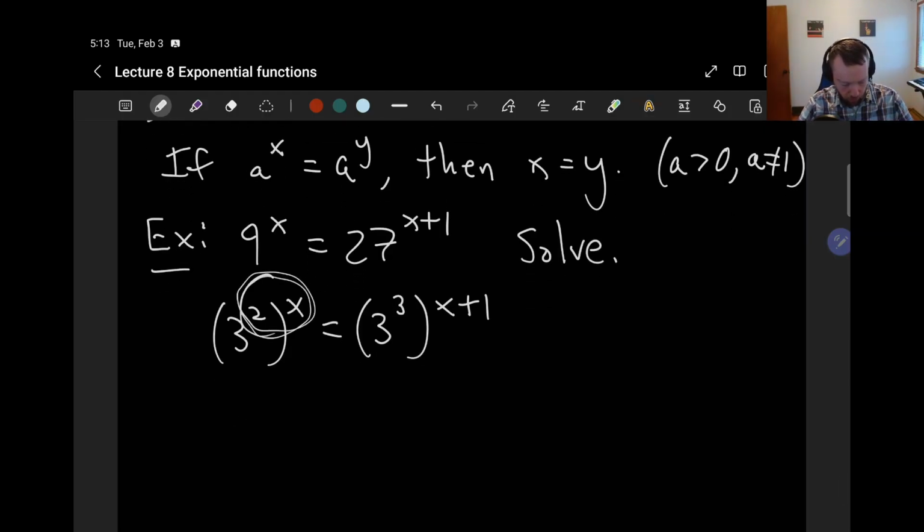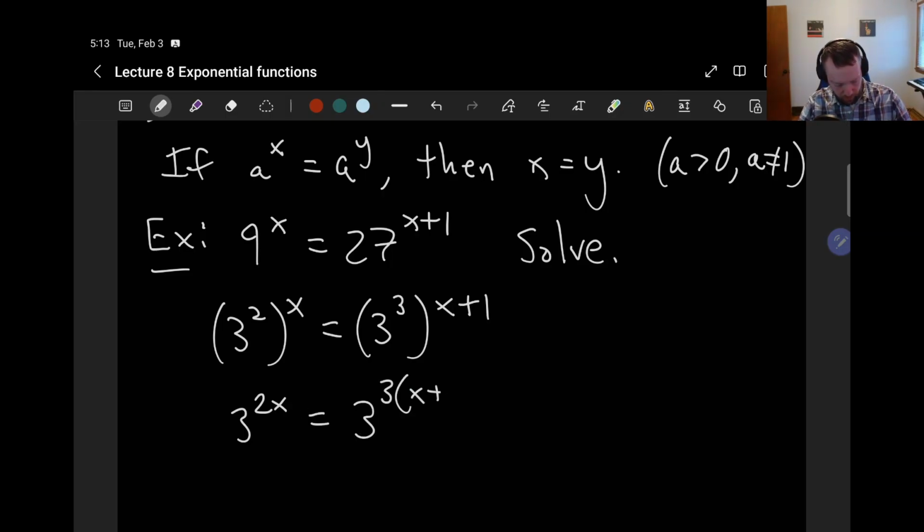Remember the exponent rule? We multiply these things when you have a power to a power. 3 to the 2x. Now this times 3 is happening to the entire quantity x plus 1. So you have to distribute the 3.